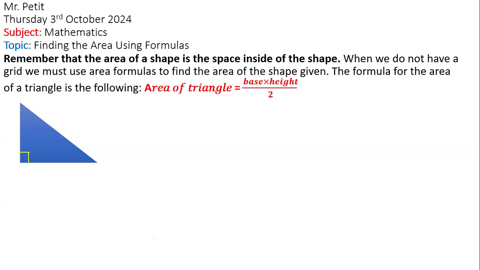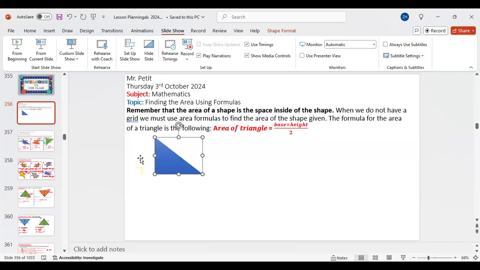So this is a right angle triangle because one of its angles is a right angle. It's 90 degrees, by the way. So let me put this on the side.